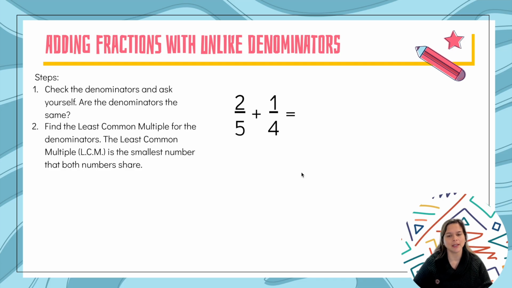Let's do it in this case so you can see it better. So we go here and we have the least common multiple for number 5 and for number 4. If we remember what a multiple is, the product of the number that we have being multiplied by a different number.